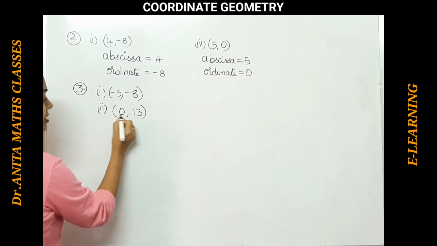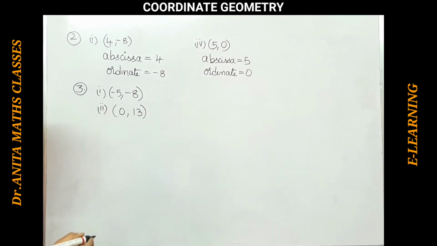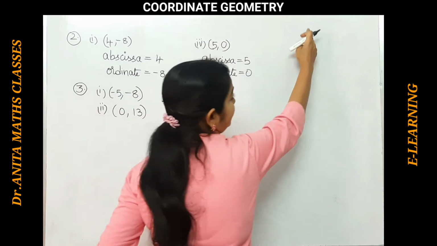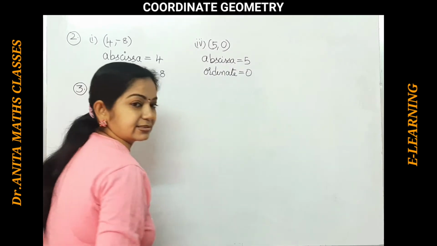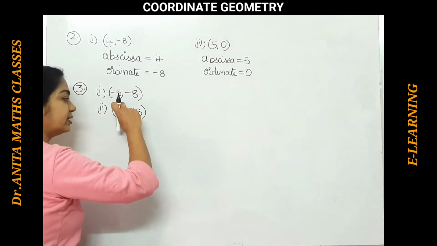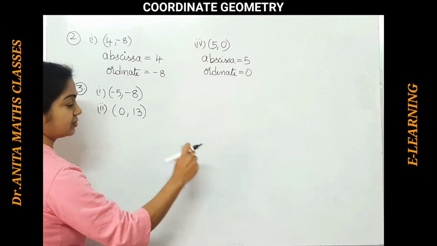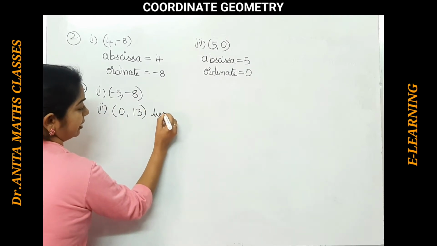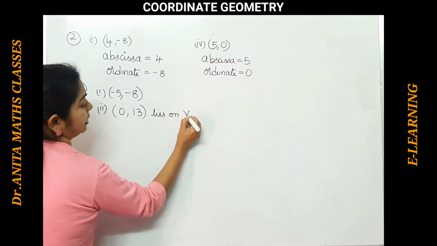Here clearly abscissa is 0. That means abscissa 0 means it lies on the y-axis. You have to remember the opposite. If the x coordinate is 0, it lies on the y-axis. So write down: lies on y-axis.